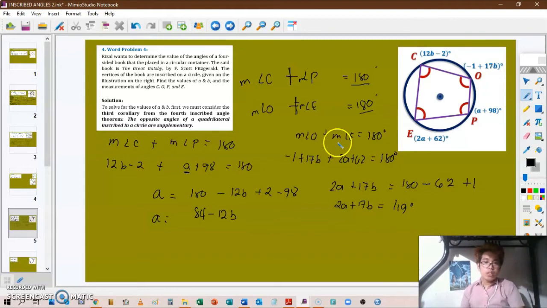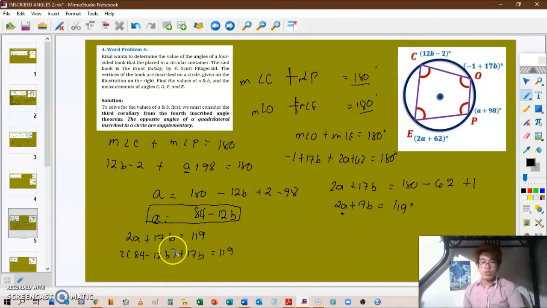We know that the value of A is equal to 84 minus 12B. We can use this as a substitute for the value of A in the second equation. Our second equation again is 2A plus 17B is equal to 119, so we substitute the value of A. This is 2 times 84 minus 12B, plus 17B, is equal to 119 degrees.